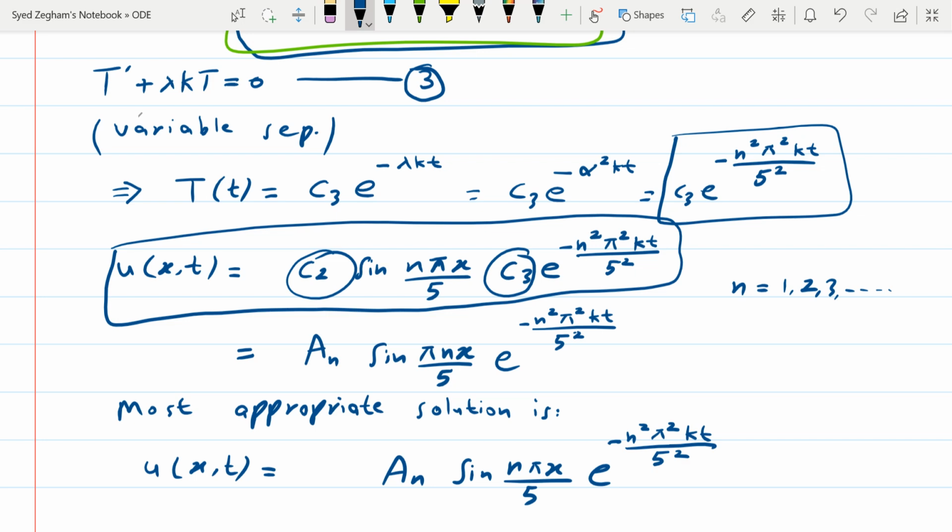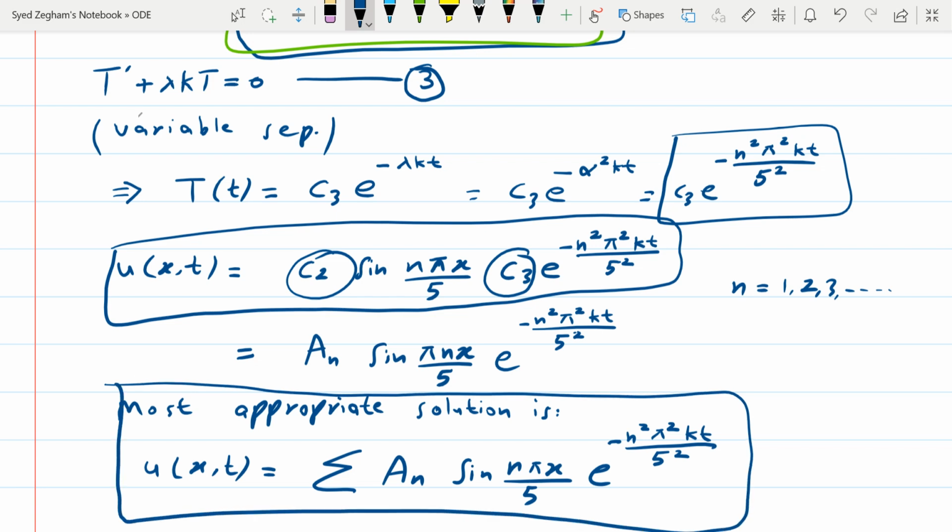And we will consider a series where n ranges from 1 to infinity. So this is our most appropriate solution.